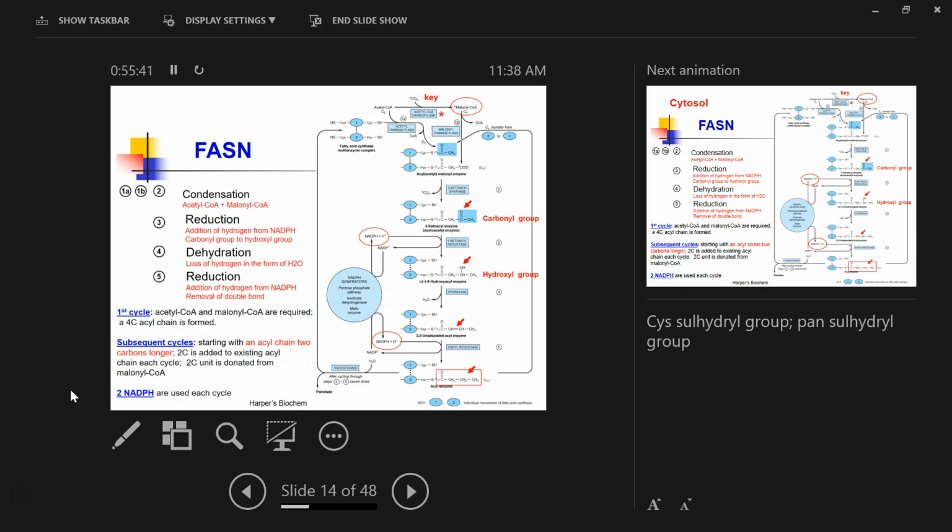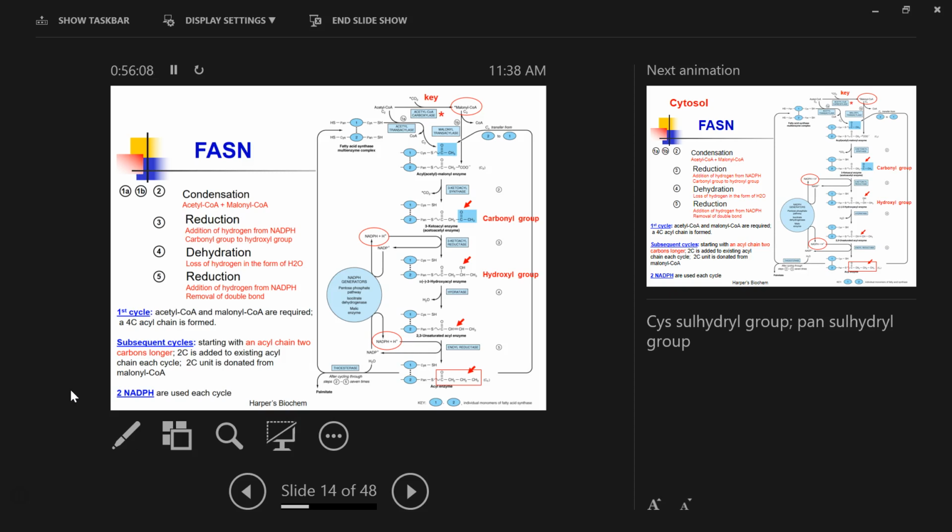And then the next step is the loss of one carbon, a carboxyl group, from the malonyl-CoA.